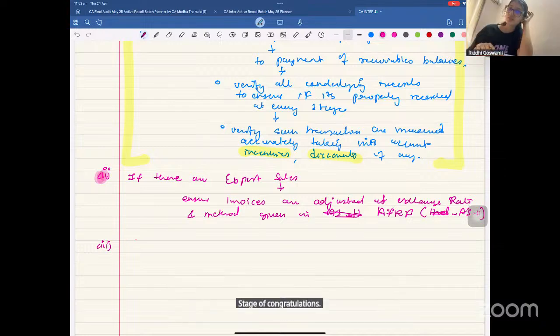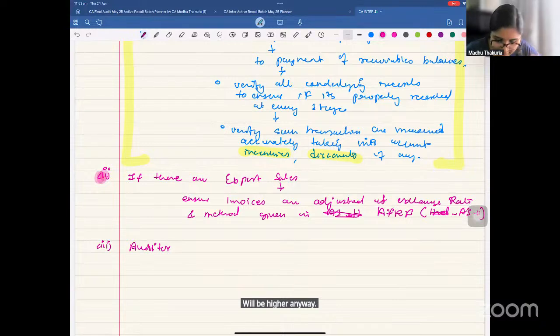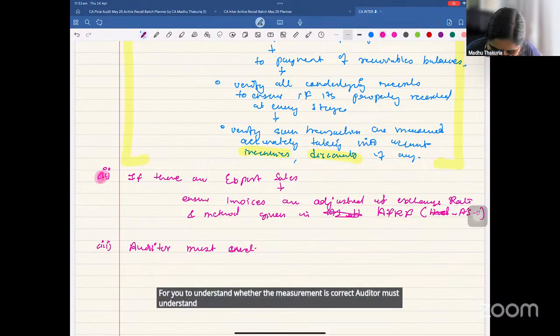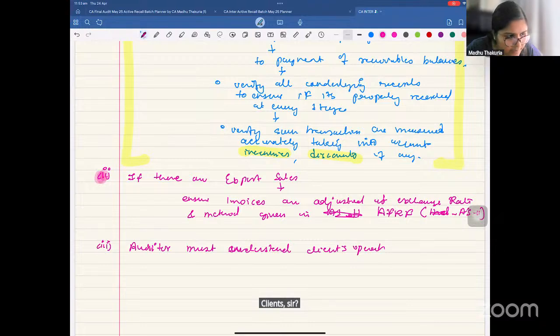Yes. So for you to understand whether the measurement is correct, the auditor must understand the client's operation and related AFRF for revenue recognition.